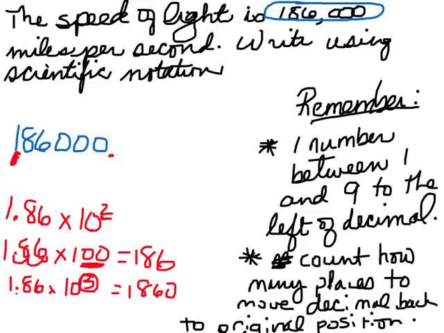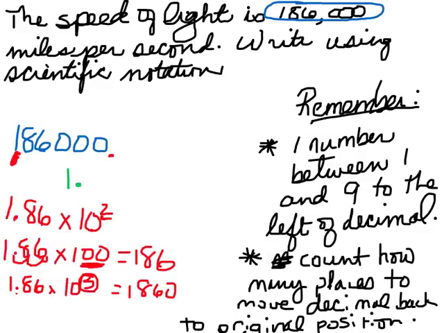So if I wanted to rewrite 186,000 as 1.86 times 10 to something, let me pick a different color here. Let's look at this problem. This is actually problem solving number 1. I started with the word problems just because I think it makes more sense to understand why you might want to do something like this.